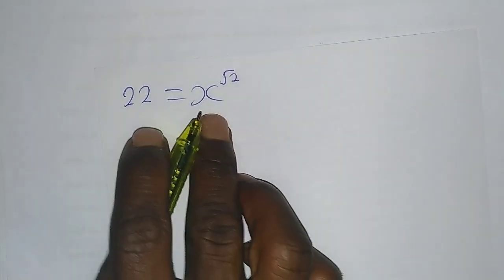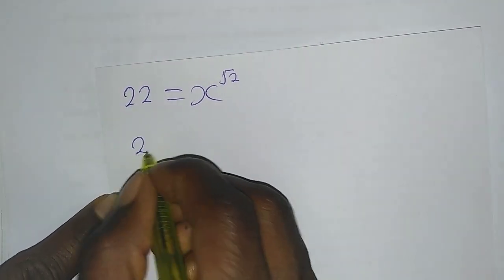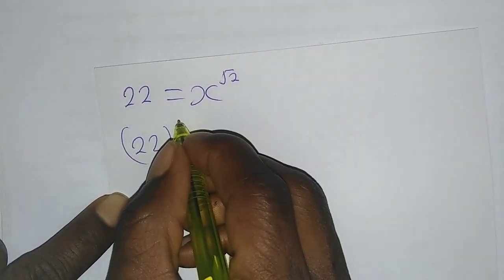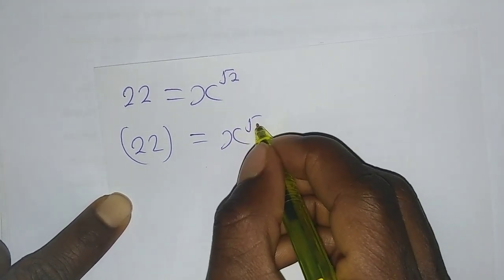Now, we want to get the value of x. Therefore, this is the same thing as 22 equal to x to the power of root 2.